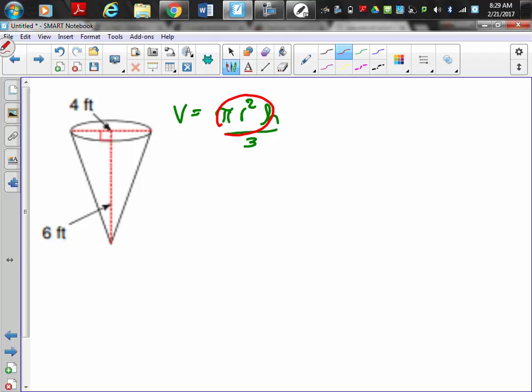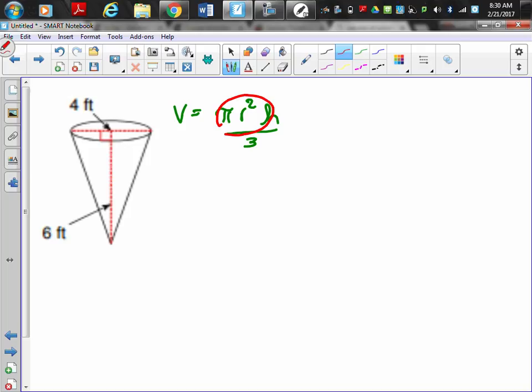So what did we talk about with the pi last week? When do we use what number? Martavius. Very good, Martavius. If it does not say use 3.14, then you use the pi button on your calculator.